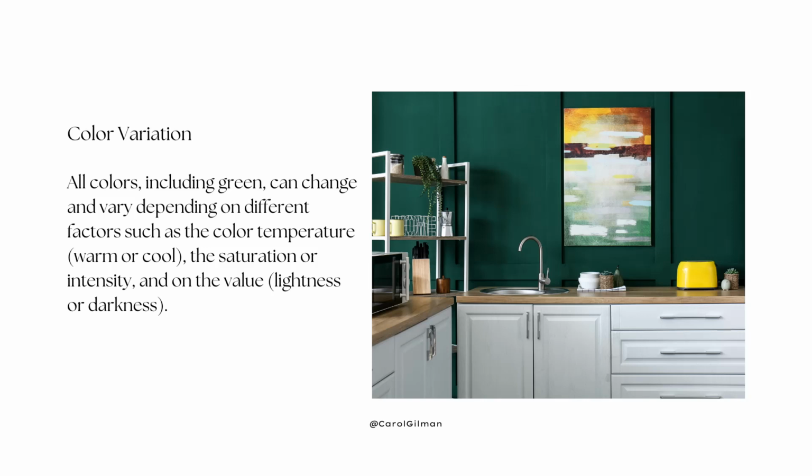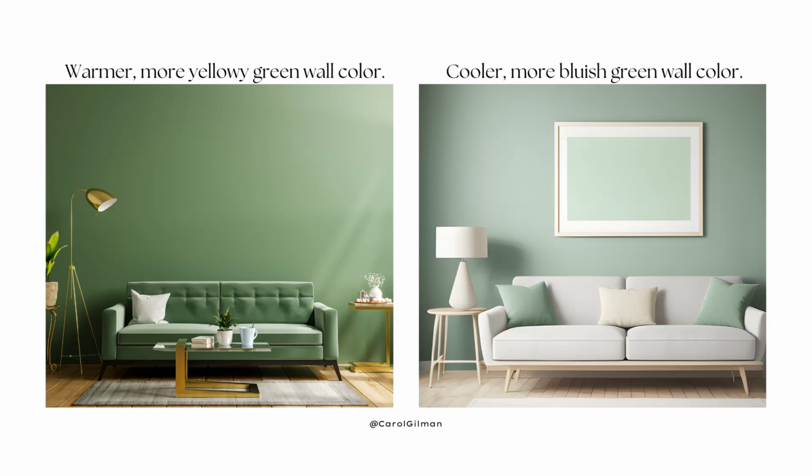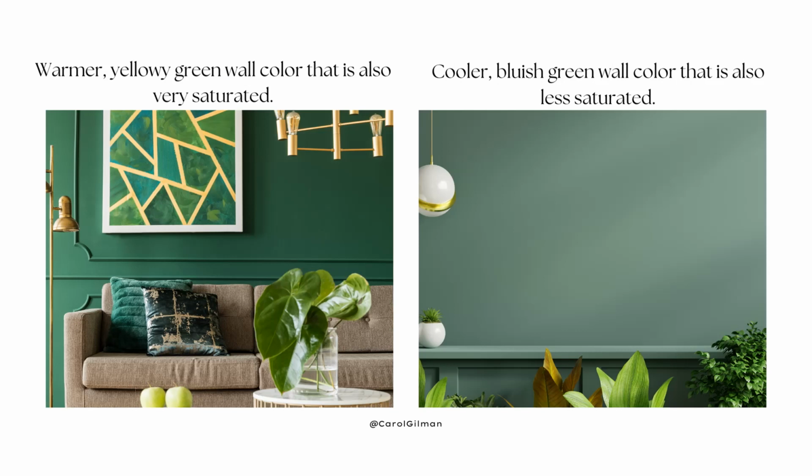And then with any color, there are always these variations of greens. I always separate greens into either a warmer green or a cooler green. And I also think about saturation, how saturated a green is.